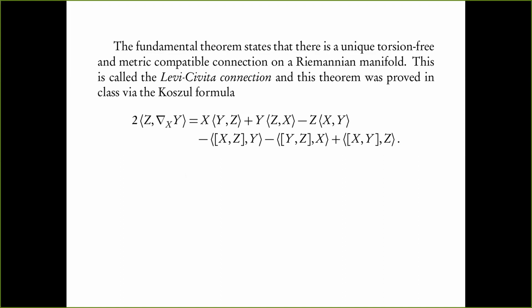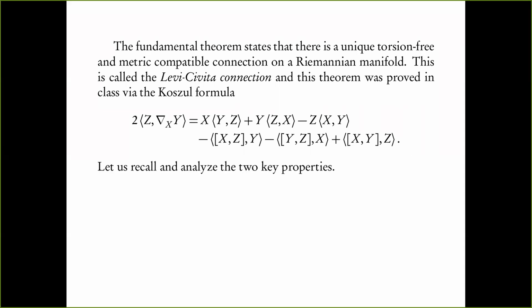And then because the inner product is non-degenerate, you can actually solve for nabla XY because this is true for all Z. So that was how we determined nabla XY, and then we showed last time that this is smooth, it's a connection. So this is one way of implicitly defining a connection using the inner product. And then it turns out that this is metric compatible, it is torsion free, and anything which is metric compatible and torsion free has to be of this form, so it's unique.